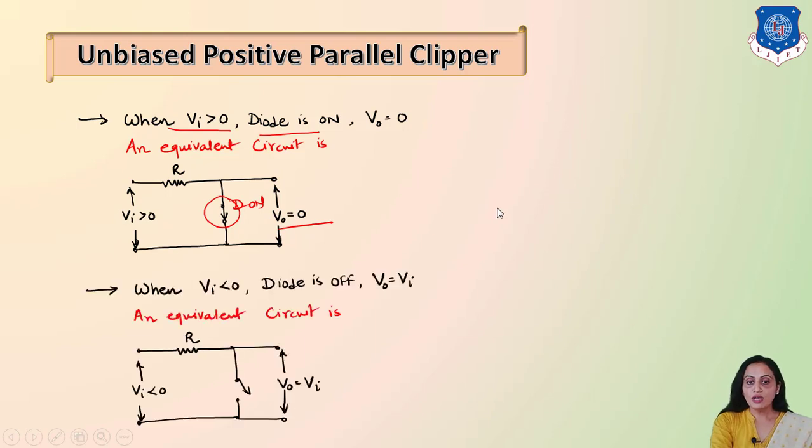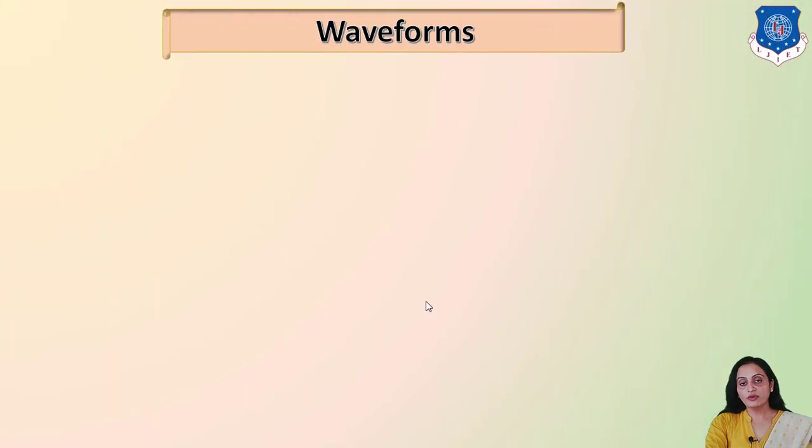And during the negative half cycle, that is when input voltage is less than 0, the diode is off, and due to that the diode equivalent circuit is shown with the switch open, and the output voltage terminals are directly connected to the input, and that is why output is equal to input. So this we will plot in the form of a waveform.